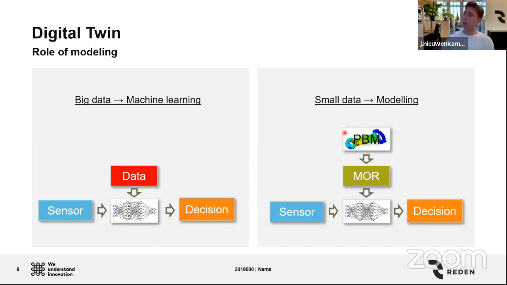So you can do a physics-based model, and then the next step would be to do some model order reduction. So make sure that the results which come out of the, let's say, finite element model can be calculated really quickly.